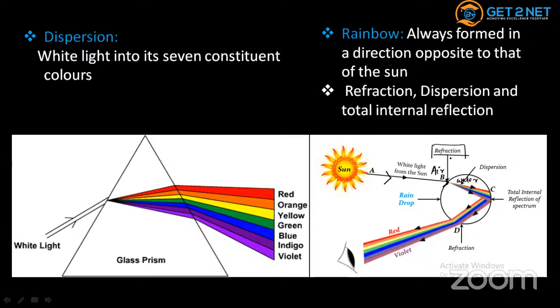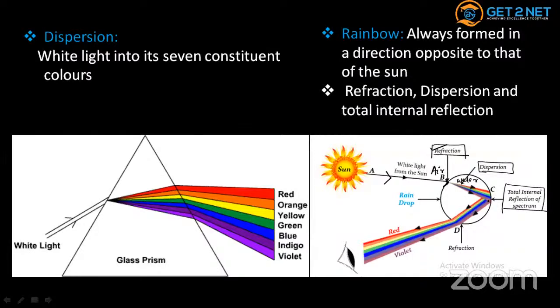With this refraction, the light gets divided into seven different colors. So that process is known as dispersion and another process which is taking place is total internal reflection.